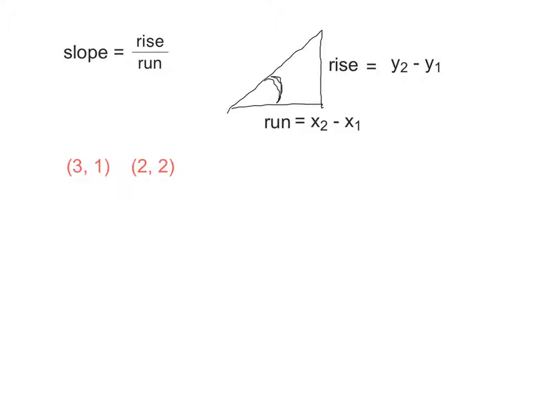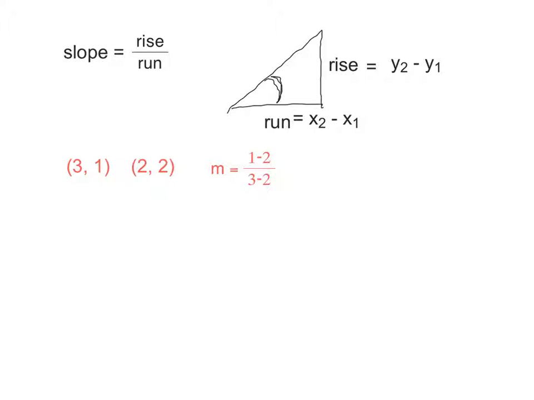So now let's look at an example. Let's say I have 2 points on the xy coordinate plane, (3, 1) and (2, 2). And I want to know what is the slope of the line connecting those 2 points. So by definition, the slope m would simply equal 1 minus 2 over 3 minus 2, okay?